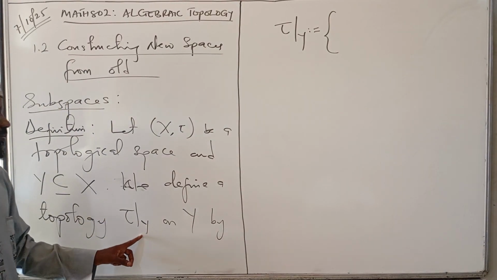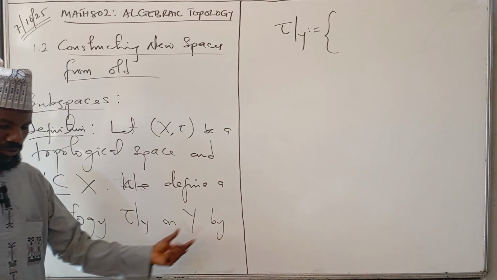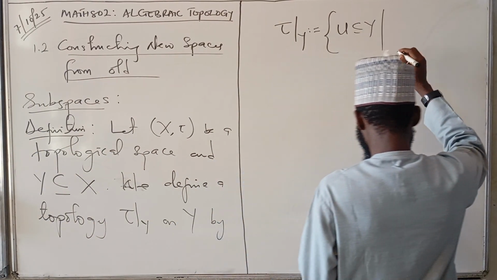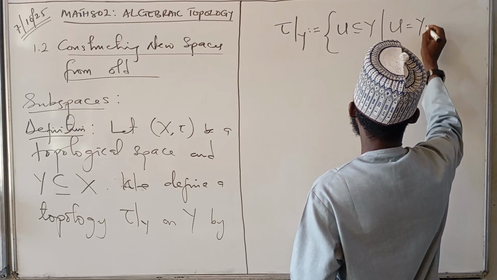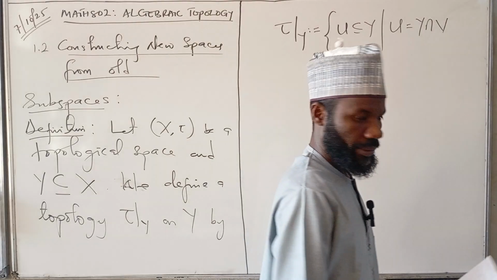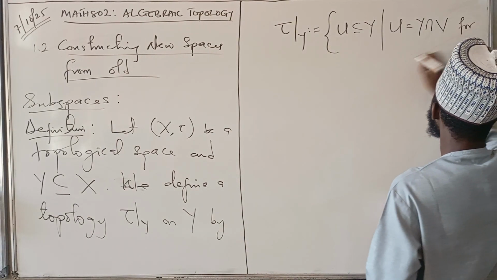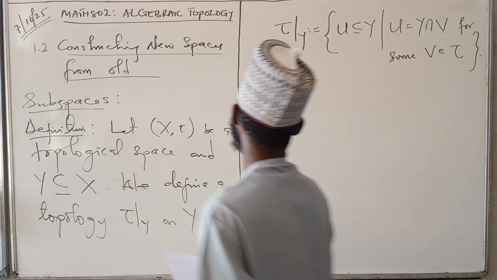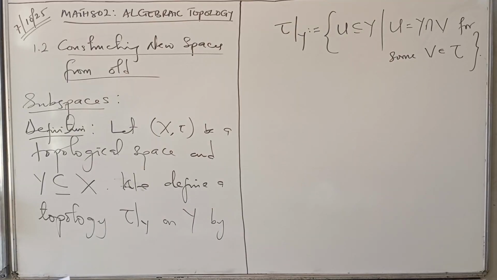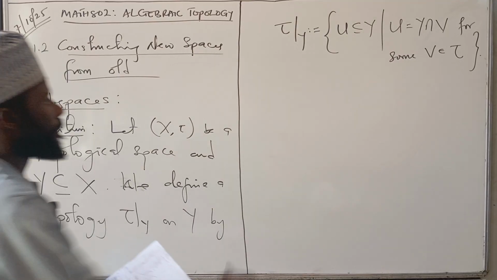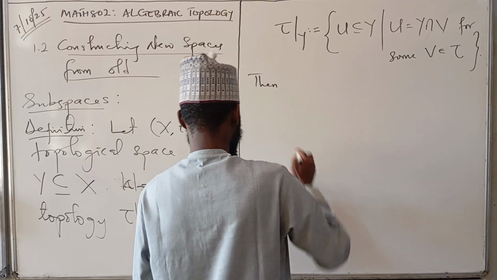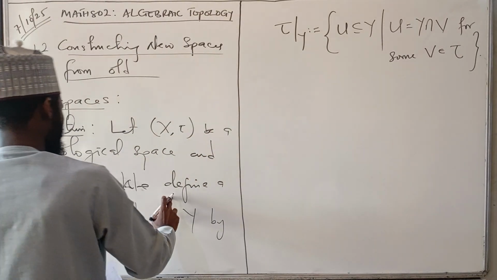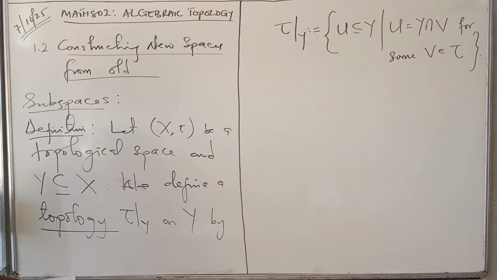I want this to be a topology on Y, so it should be a collection of subsets of Y, such that each subset is the intersection of Y and an open set in X. That is how it is defined. Then this is a topology on Y.